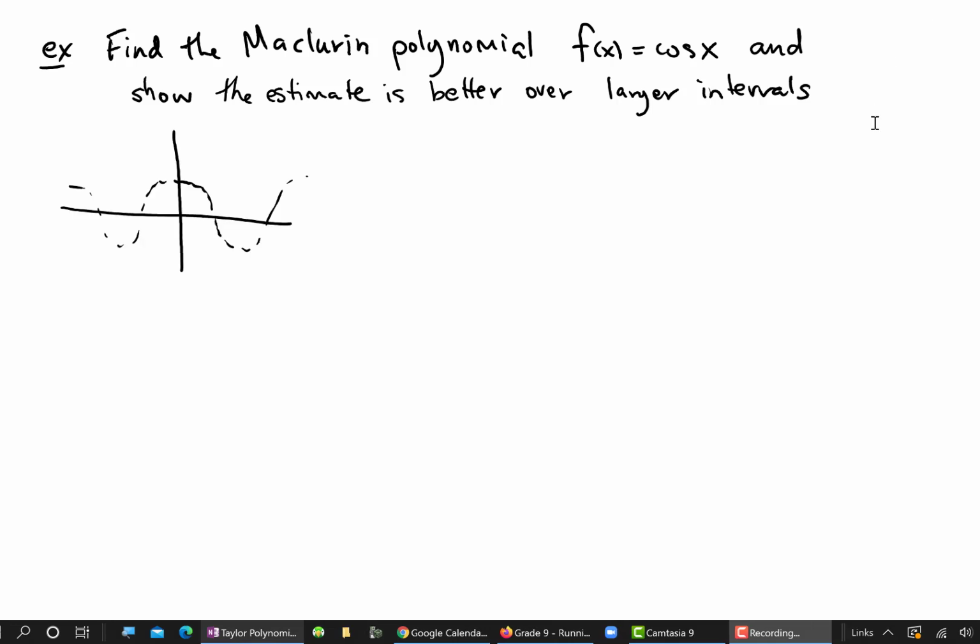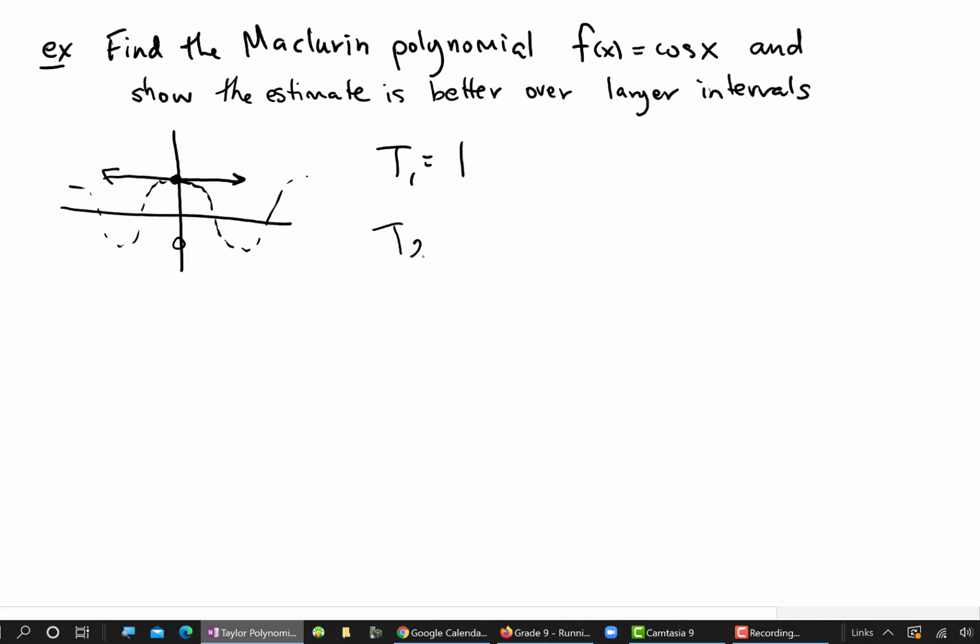It turns out that if we were to take the first Taylor polynomial, we would get a value of 1. And remember, Maclaurin polynomials are centered at a equals 0. So this Maclaurin polynomial here approximates the cosine wave quite nicely at 0, but not very well at many other places.